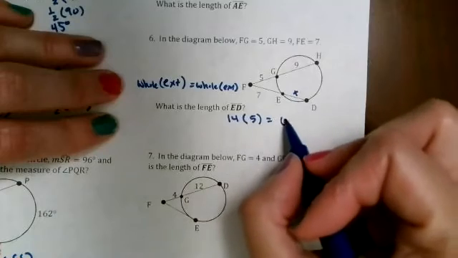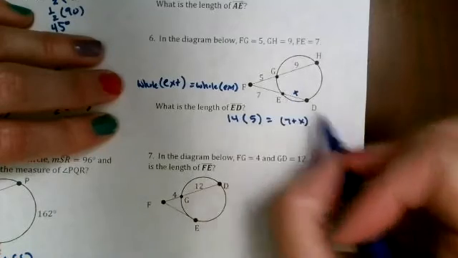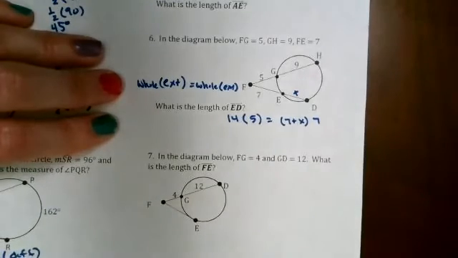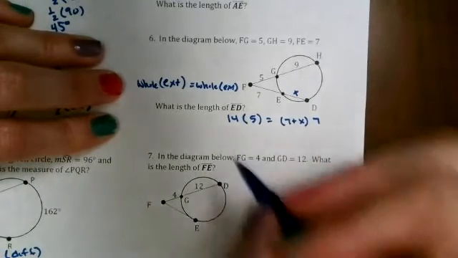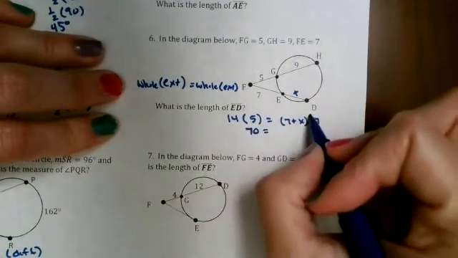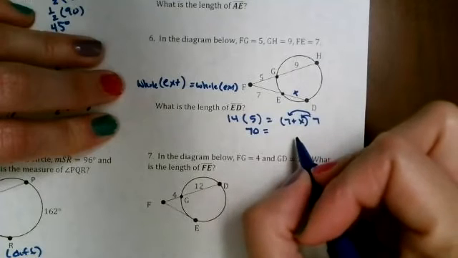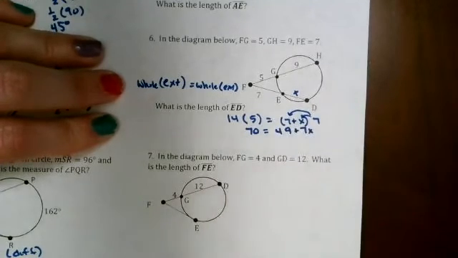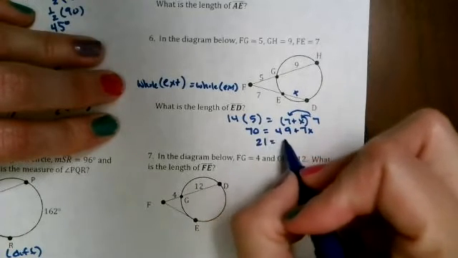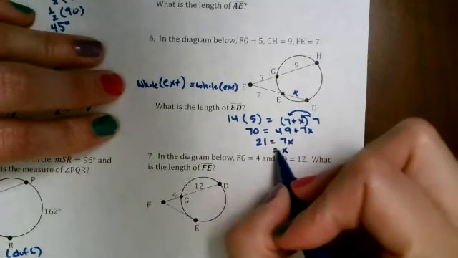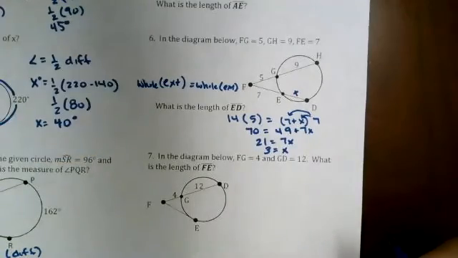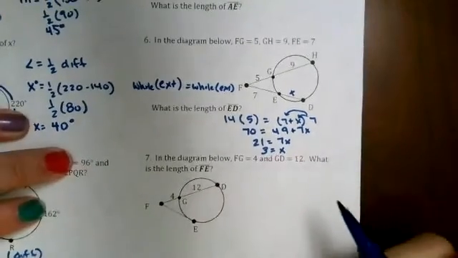This whole thing would be 7 plus x. This exterior is 7. So on this side, I'll take care of the 14 times 5, and over here, I'm going to have to distribute that 7. So I get 49 plus 7x. I subtract the 49 from both sides, and then I divide by 7. So my x is going to be 3, which stood for my ED, so I answered that question.